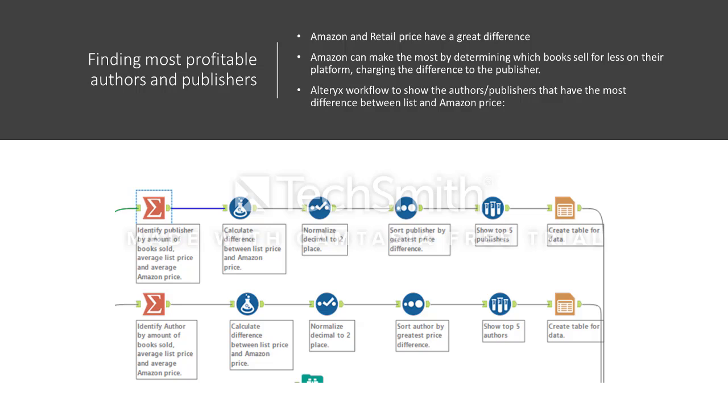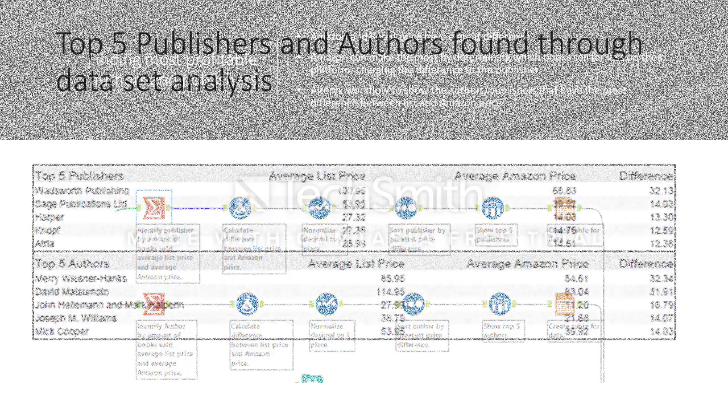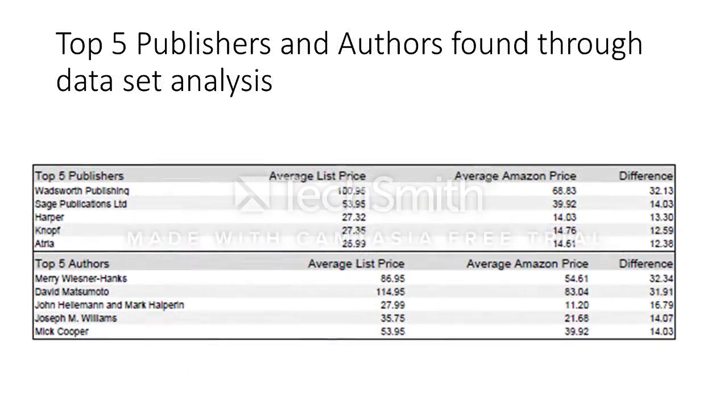Below is the pathway we have designed in order to extract, calculate, clean, and sort the data into data tables that can later be analyzed. Once we run the Alteryx workflow, we get the top 5 publishers and authors displayed in the table below.